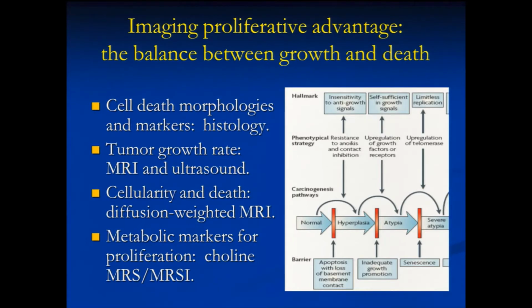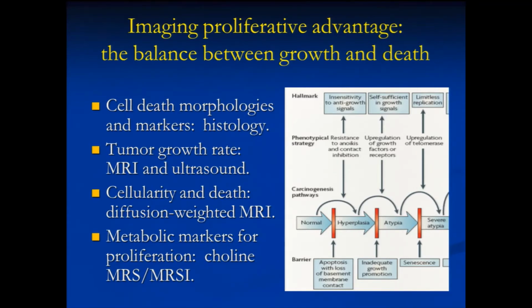Okay, so how do you image this balance between growth and cell death, the proliferative advantage? There have been a few ways that people have gone about this. Once again, I'm talking about this early part of those barriers that were described in the last slide. So after the fact, ex vivo histology can be used to look for cell death morphologies and cell death markers.